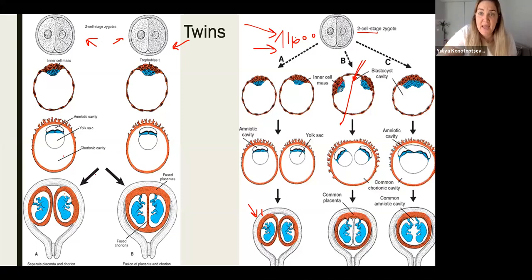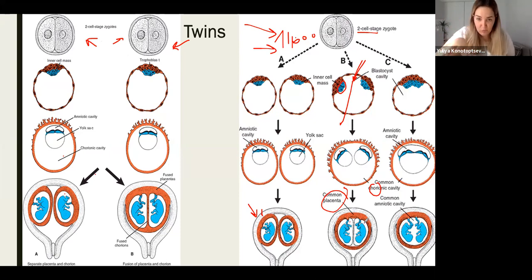This is a human being right here. So for sure, it has to split, and it does. The problem is that it's a bit late, so they will share. The twins that separate at blastocyst stage, they will share placenta and chorionic cavity, but they will have 2 amniotic cavities. They'll have different amniotic cavities.